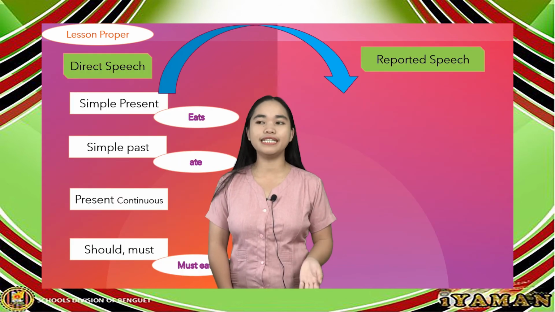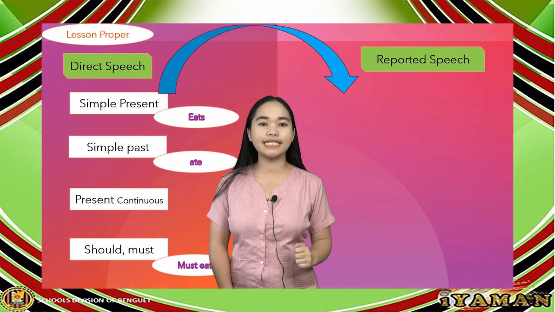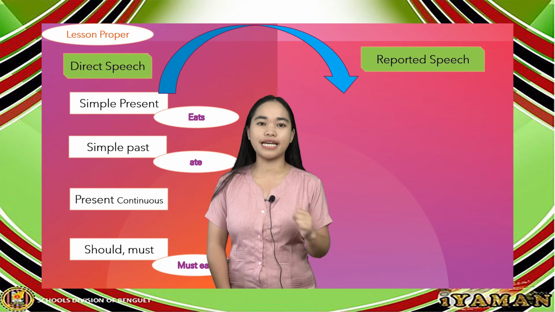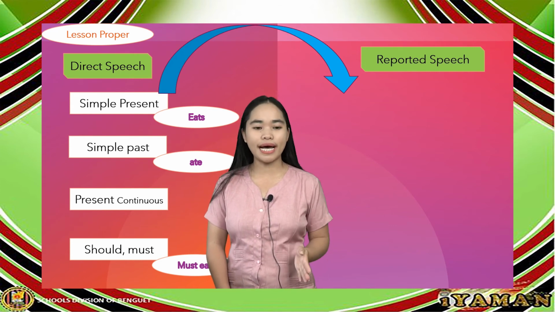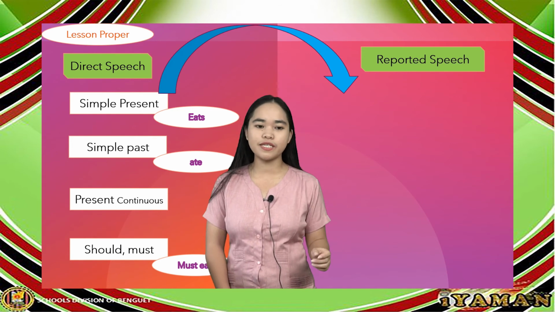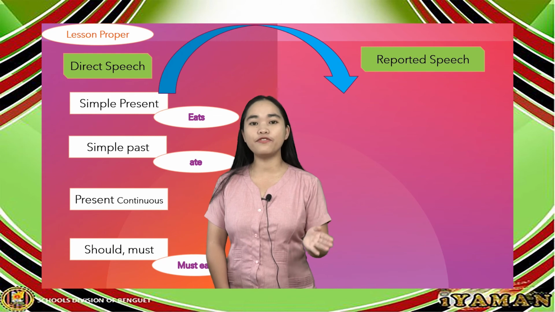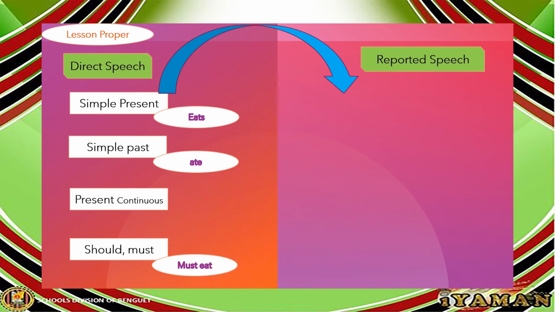As I have mentioned a while back, tenses of verb are very important when you have direct and reported speech. Why? When you transform direct speech into reported speech, the tense of verb changes. Let's take a look at the following.